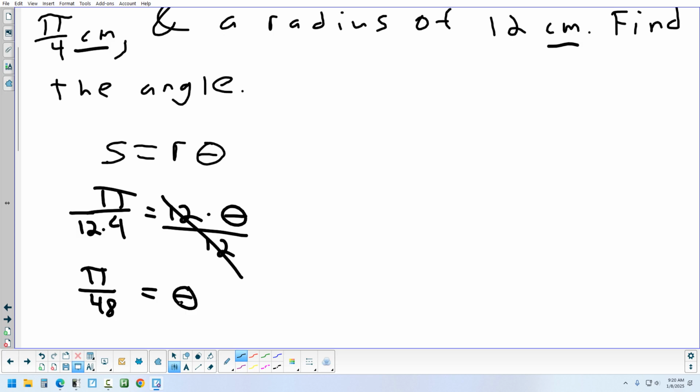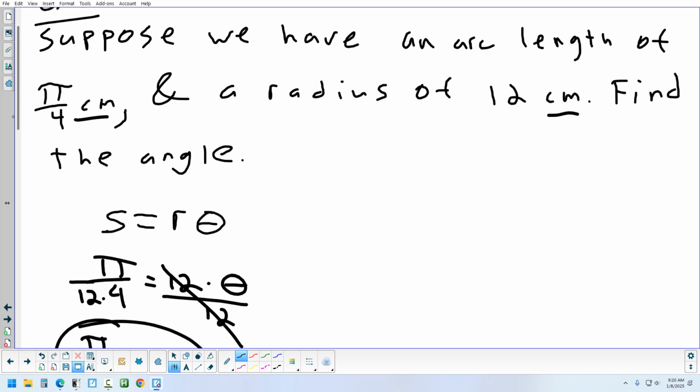No. We don't have to put any label on that because it is in radians, and it's always understood RAD is there. Any question why that's not centimeters? There's only 2 letters in that problem that are centimeters, S and R. And we weren't solving for either one of those.